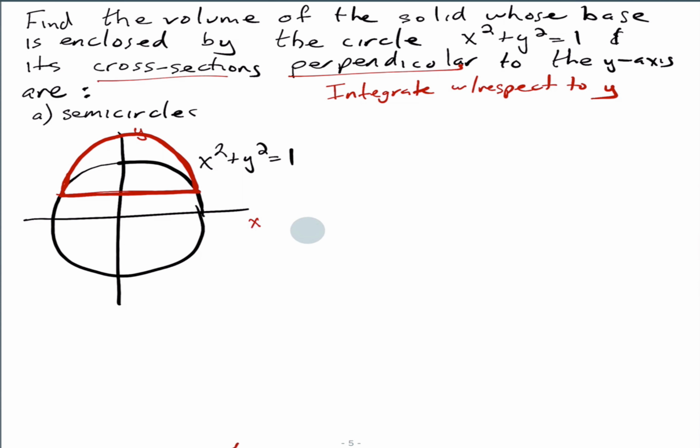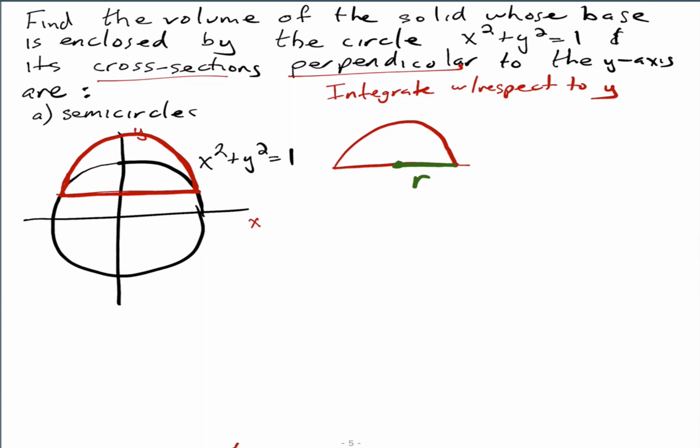So, all right, what do I need? I need the area of the cross section, right? So I have my cross section here, which is a semicircle. What information do you need to find the area of a semicircle? You need the radius, right? That's all you need. So the radius is that right there.